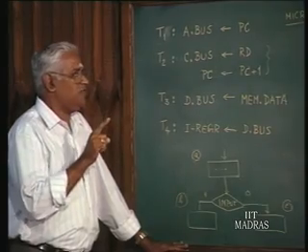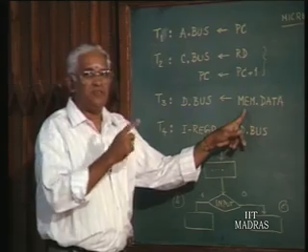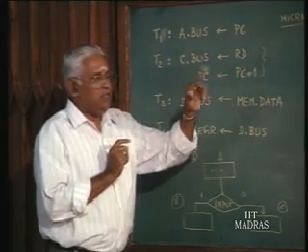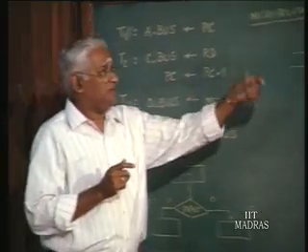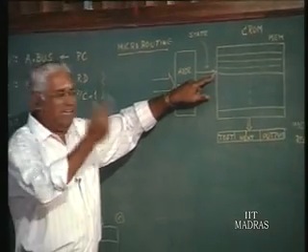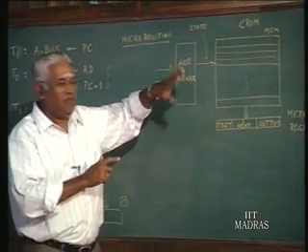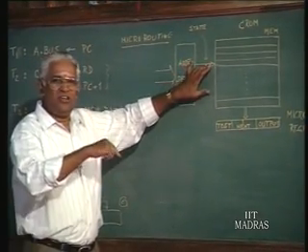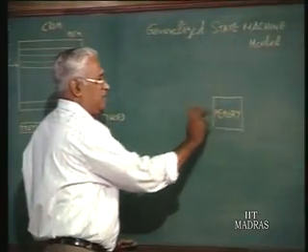Now don't confuse this memory with the memory we are talking about in the overall computer system. It's different. This memory stores the information. If it is in state T1, then next instant it may go to T2.